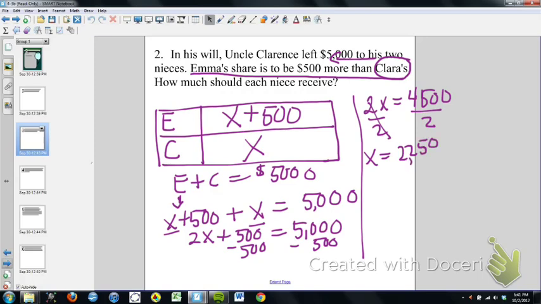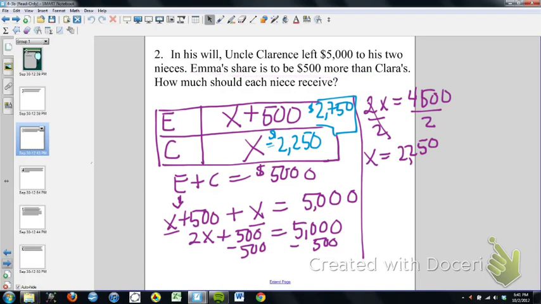So that's Clara's share: $2,250. And Emma's share is $500 more than that, so that would be 2,750. If you run those numbers back through the equation, you'd see that they satisfy all the things they needed to.